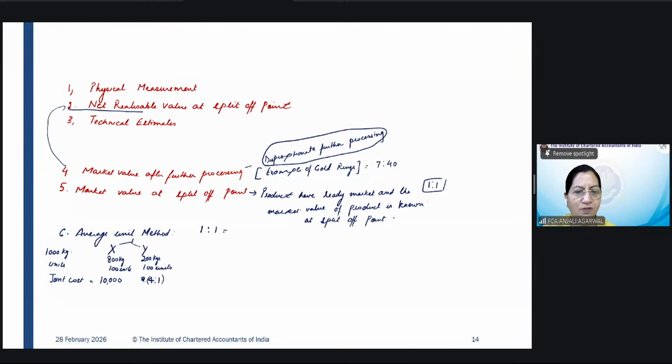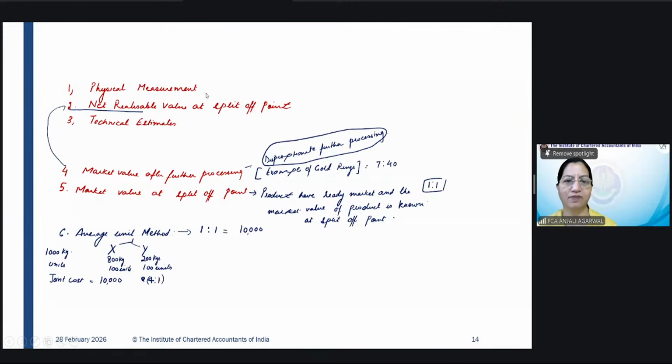So what is the total cost? 10,000 to be allocated amongst X and Y in the ratio of average unit method. So 1:1. Both would have been charged 5,000 each. And you know, this is wrong. It should be 4:1 because we have the physical measure.